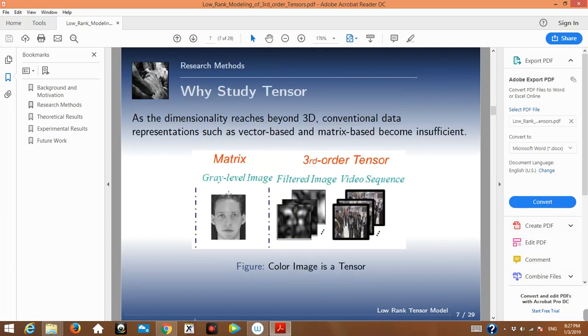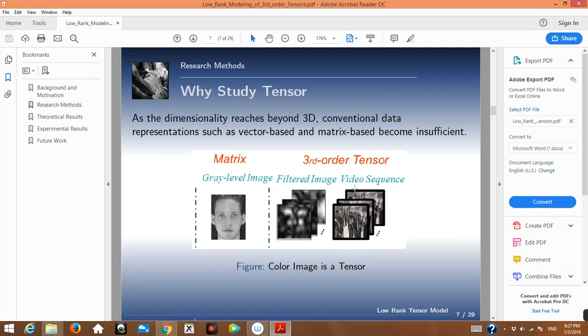This is true for a gray level image. But for a video sequence, each time we have an image, so it is not very natural to transform this video sequence into a matrix. We can do this, but it's not sufficient, and it will lose information.